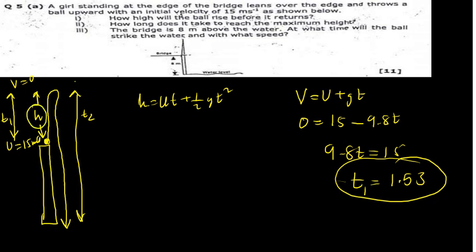The height we've already calculated is 11.47959, and the height of the building, you've been told, is 8. So we add the 8 plus the 11.47959, and that is going to give us a total height of 19.47959.